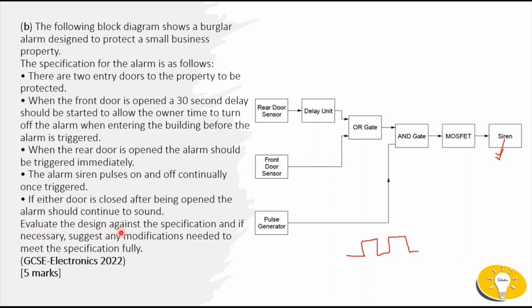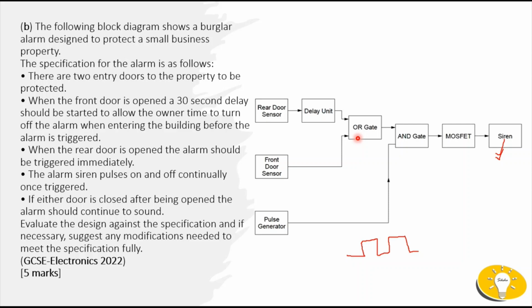Evaluate the design against the specification and if necessary suggest any modification needed to meet the specification fully. So you have to evaluate. Evaluation would include both the good points and the limitations or the missing parts.